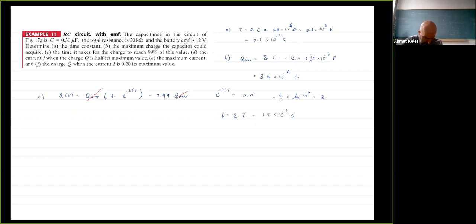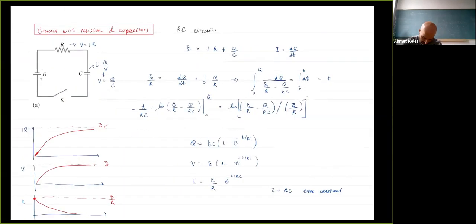D, the current when the charge is half its maximum value. When charge is half of its maximum value, Q max times 1 minus e to the minus t over tau should be equal to Q max over 2. Again, I cancel these. Then from here, I find 1 minus e to the minus t over tau is equal to 1/2. Let's see if we can use it for the current. For the current, what we calculated here was E over R times e to the minus t over RC.